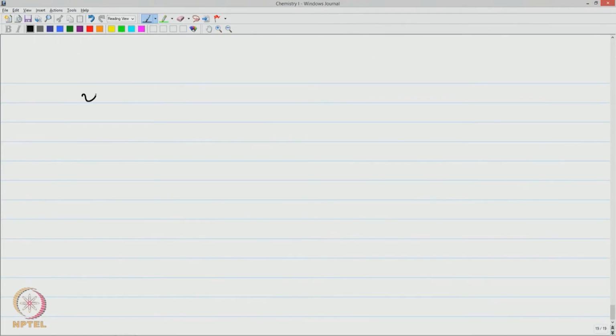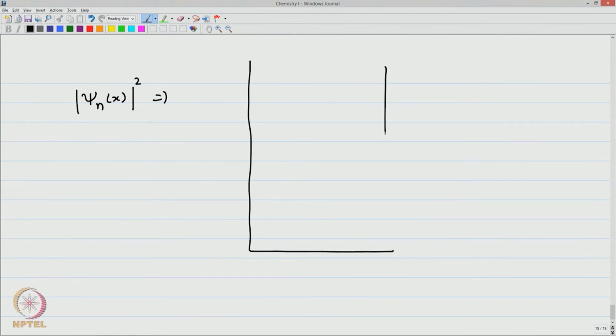Recall that psi n of x, the absolute square, for the particle in a 1D box. If you remember the picture that I had for the wave functions and the wave function square, for n equal to 1, something like that, it is a sine square. For n equal to 2, if you remember, it is a full wave.